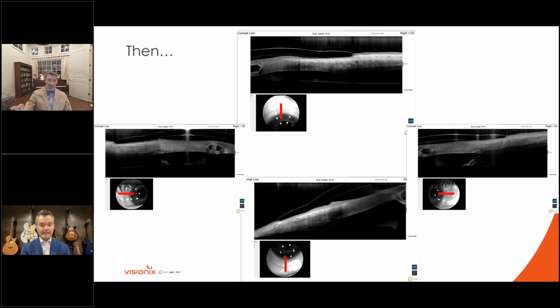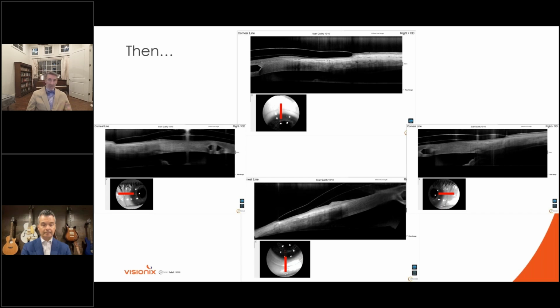Each of these images has the OCT image above, and then an en-face image, which is basically just a straight ahead image of where you are on the eye. That helps to figure out each major meridian of the scleral lens, because most of us should be fitting toric haptics at this point. What we know also from the research is that 95% of eyes out there call for toric haptic lenses.